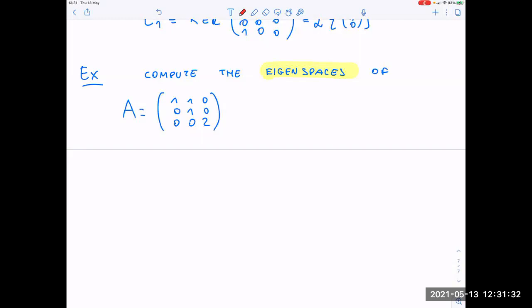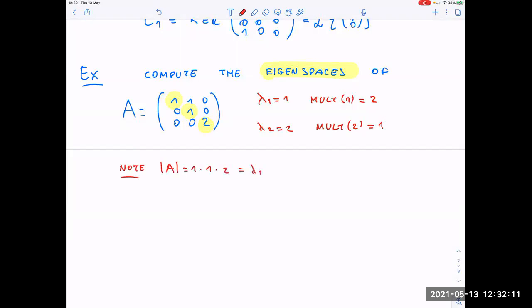So for example, since this is a triangular matrix, we have eigenvalues lambda 1 equal 1, with multiplicity 2, and then lambda 2 equal 2, with multiplicity 1. So this is what we have here. And if you note, just a quick note of what we will see in the future, the determinant of A is 1 times 1 times 2.